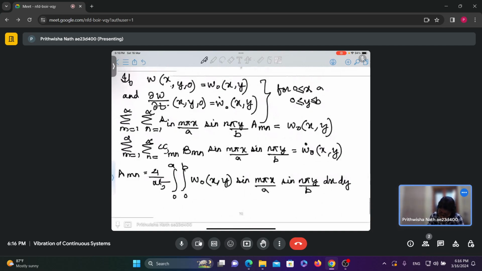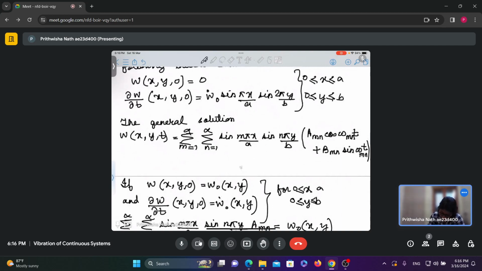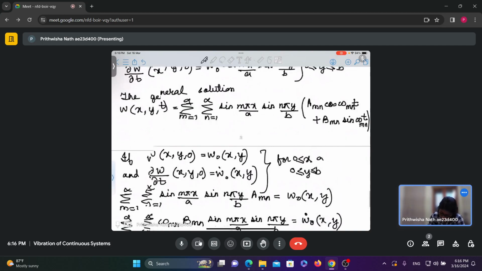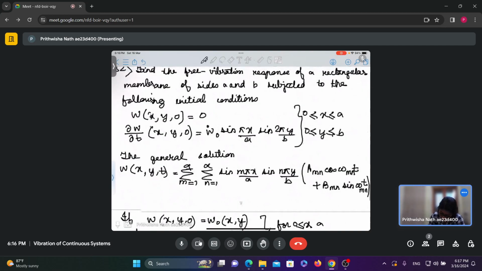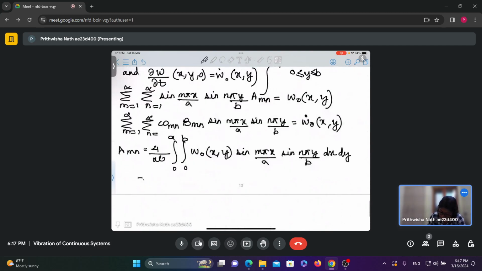Now we know that w naught is 0 from the given data. Therefore, amn is 0, from the given data.